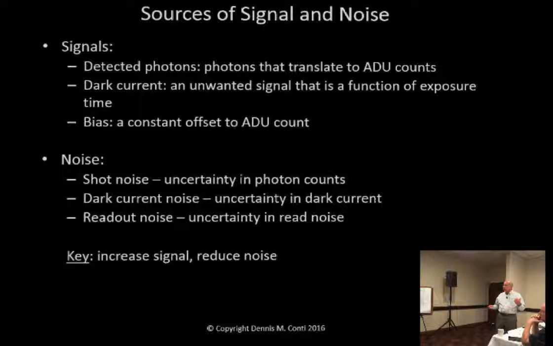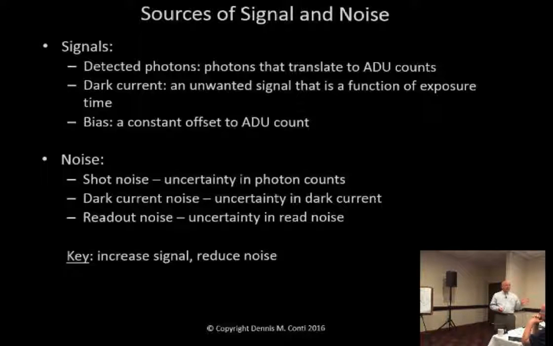It's an unwanted signal. The other unwanted signal is bias, which is if you take a zero exposure, there's a certain bias factor that offsets the ADU. It's very small, but nevertheless it is a factor. So all of these contribute to signal.